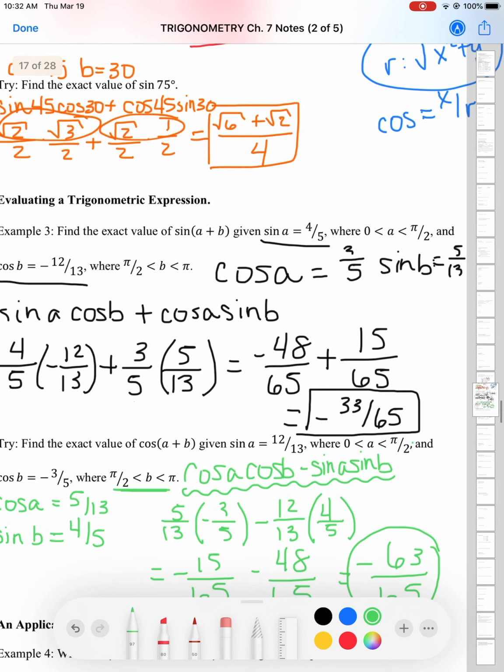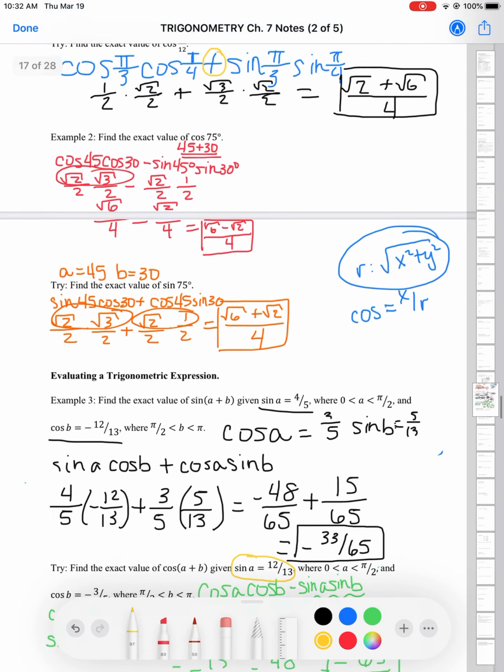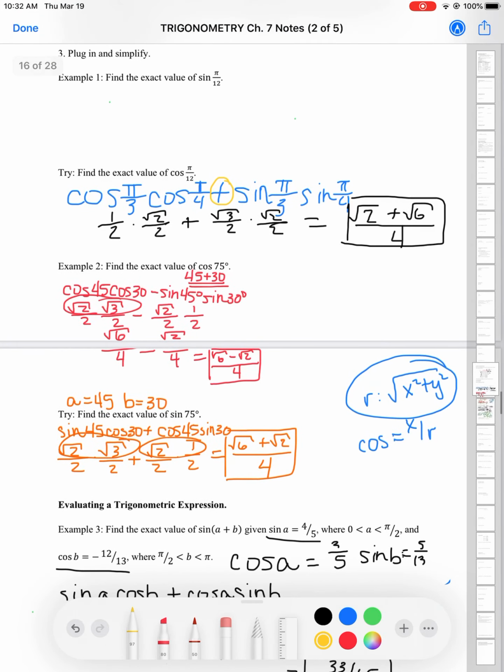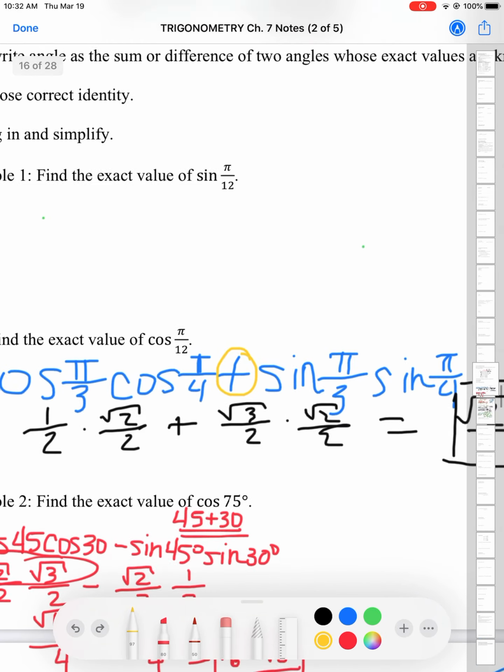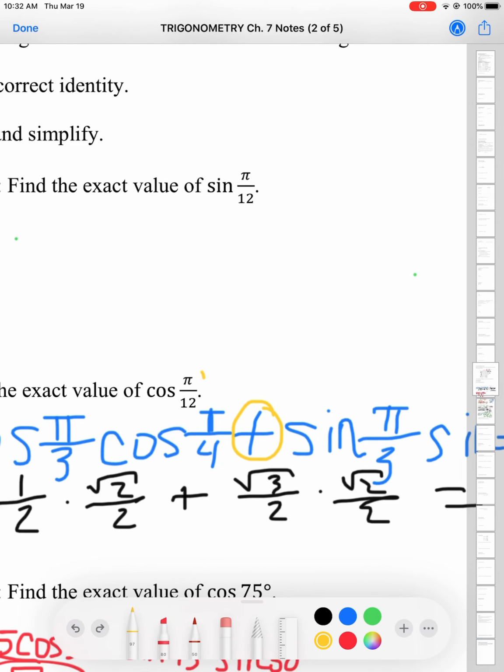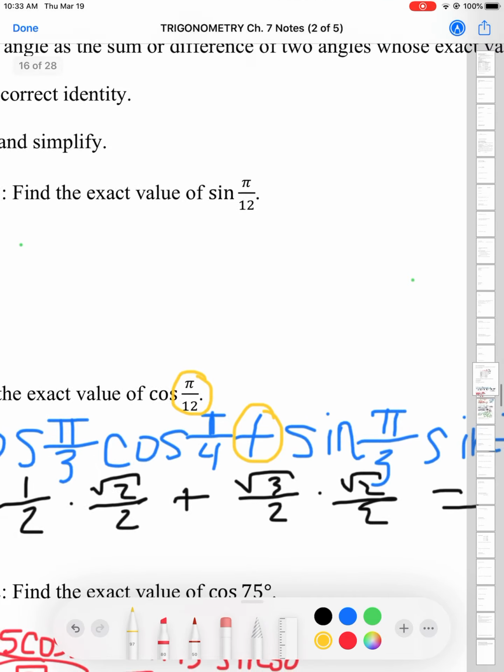So just something to remember. When they're giving you sine A, up here, the number that they were giving you was being plugged into the trig function.